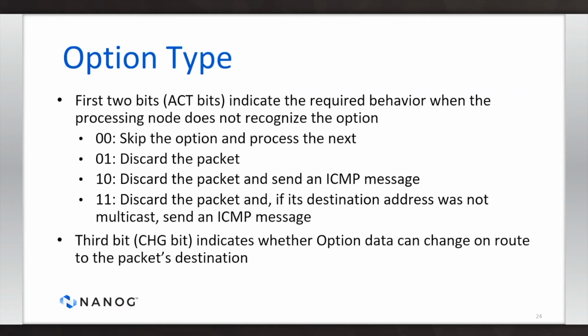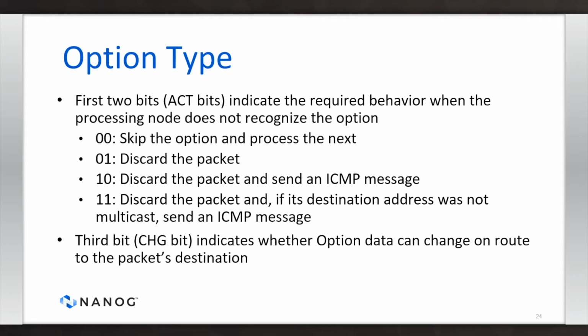If you take a look at the option type, you'll see the first 2 bits, they're called the ACT bits, indicate the required behavior when the processing node doesn't recognize the option. And the required behavior might be 00, skip and process the next option in the option header, discard the packet, discard it and send an ICMP message, or discard it, and if the destination address was not multicast, then send an ICMP message.